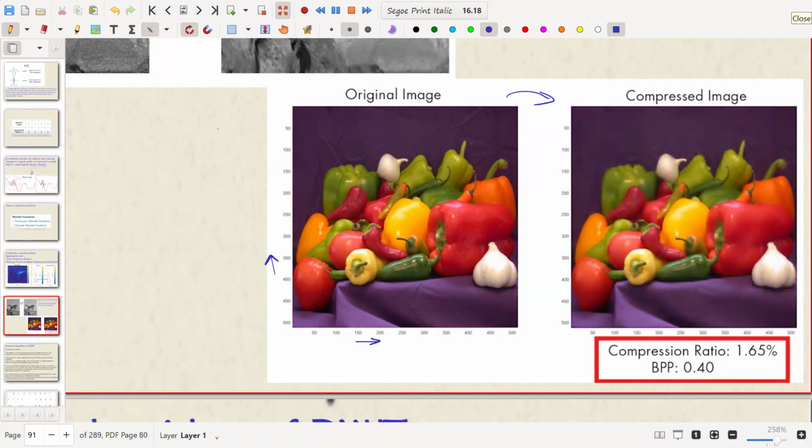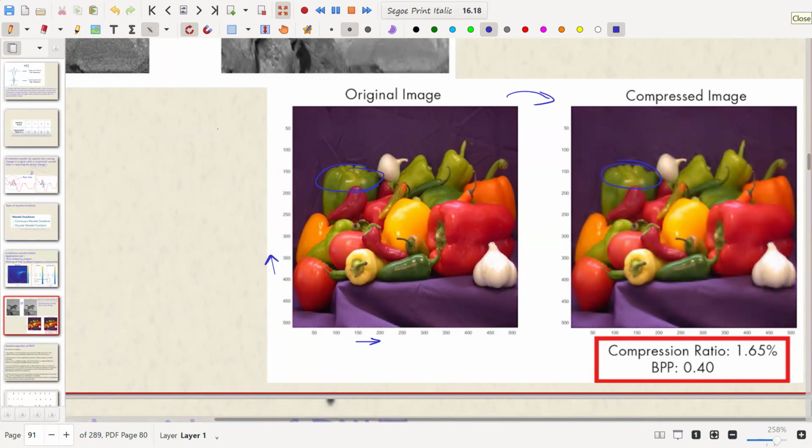Of course, the compressed image has a bit less quality than the original. You can see how sharp the left image is, but this image is a bit blurred. This part is seen quite brightly, but is not present here.